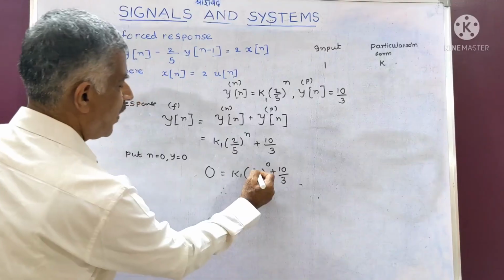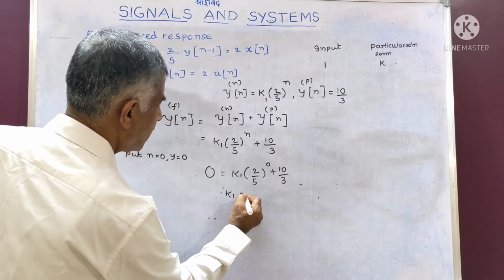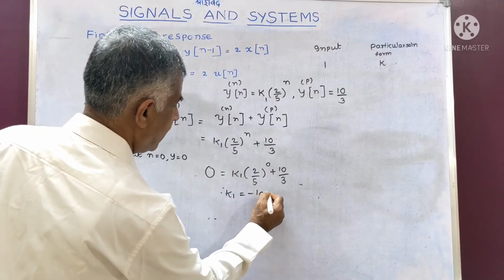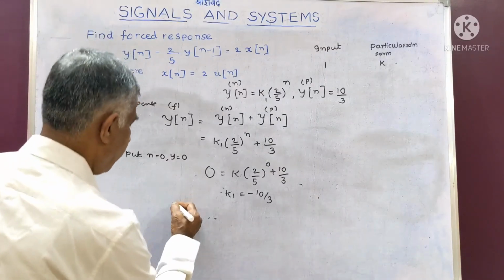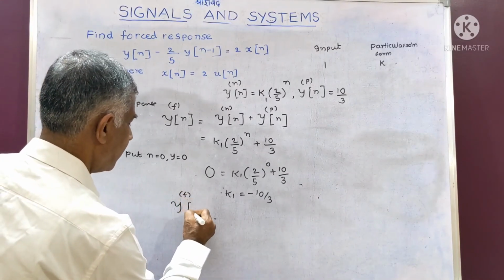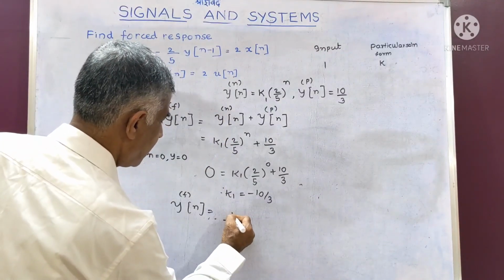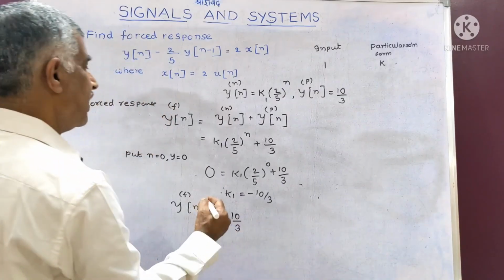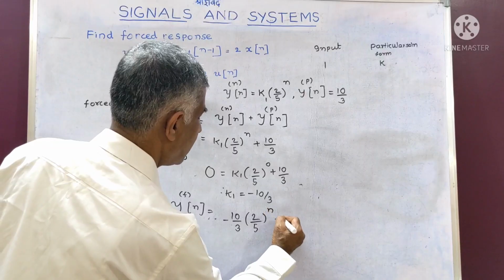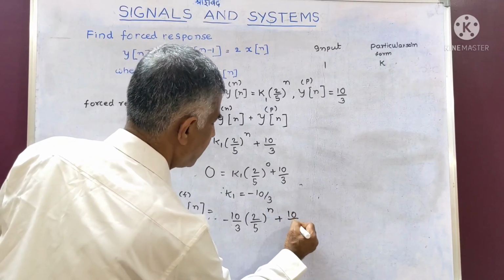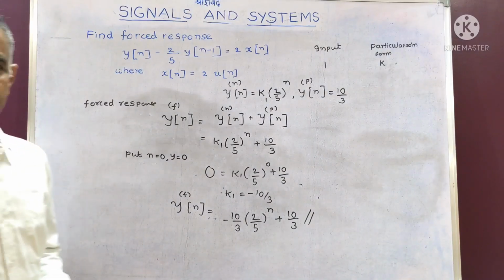Since 2 by 5 to the power of 0 is 1, k1 equals minus 10 by 3. Therefore, the forced response is given by minus 10 by 3 times 2 by 5 to the power of n plus 10 by 3.